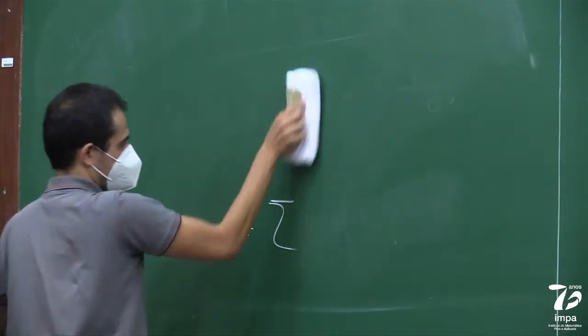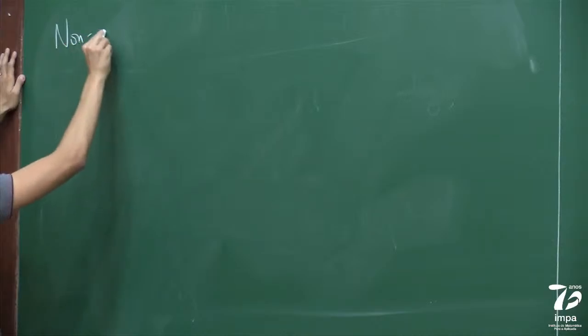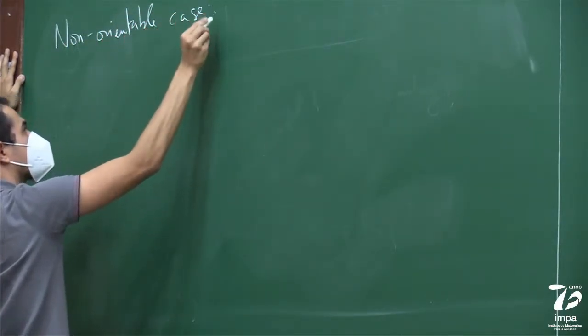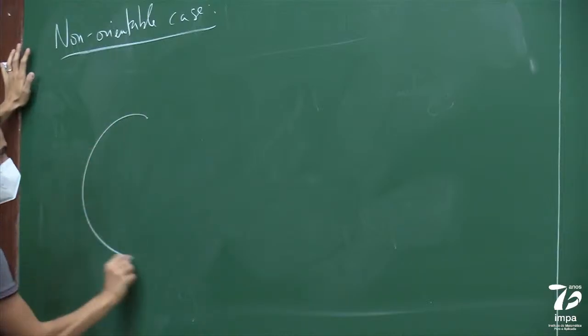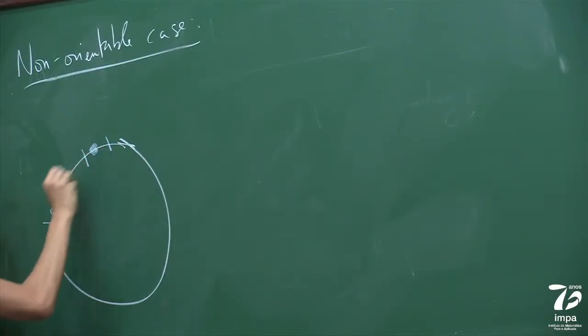Because basically, now the non-orientable case. So if you start with your 0 handle and you want to attach a 1 handle, you choose 2 points. And basically, if you want it to be non-orientable, there's another way to attach the 1 handle that's going to mess up the orientation of the surface, which is if you glue the surface like this.